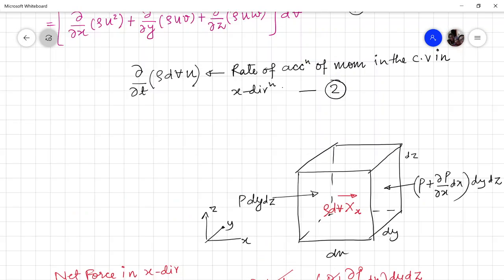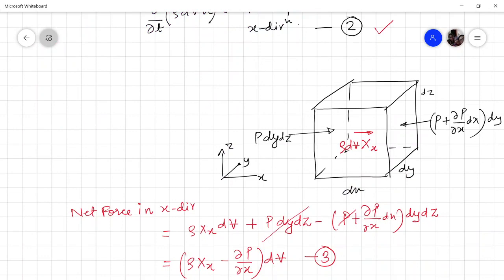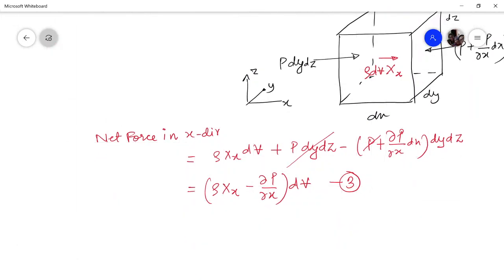Now the net momentum efflux from the control volume in the x direction, this is equation 1, plus the rate of accumulation of momentum in the control volume in the x direction, that is equation 2, will be equal to equation number 3. So let me write this. It is del by del x of rho u square plus del by del y of rho uv plus del by del z of rho uw.